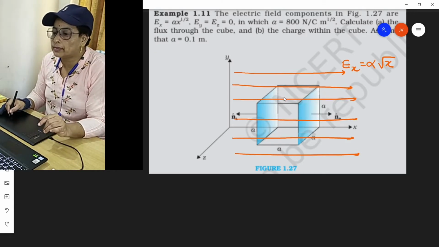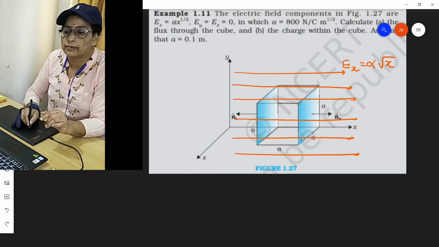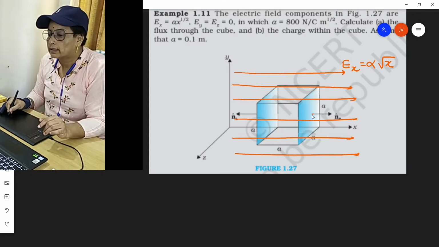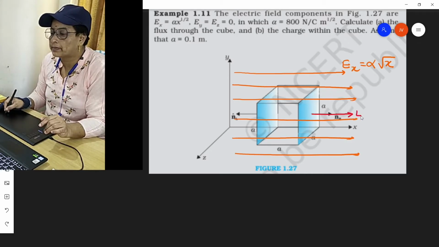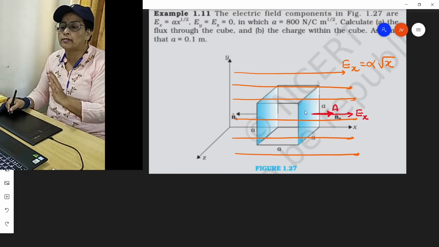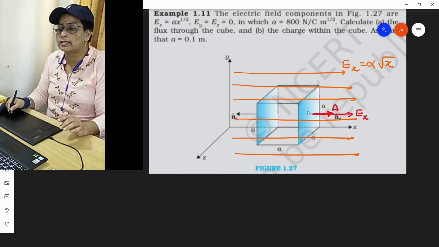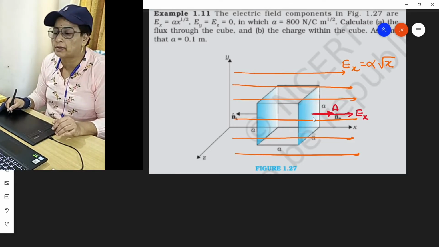For this face, the direction of electric field is Ex, and the direction of the area vector is also the same. So the complete right side face contributes to maximum flux.